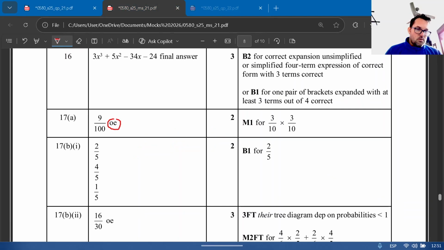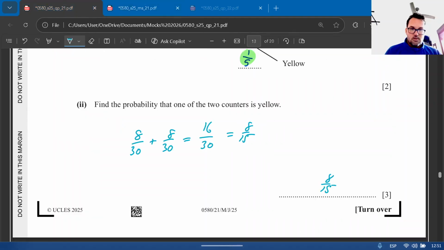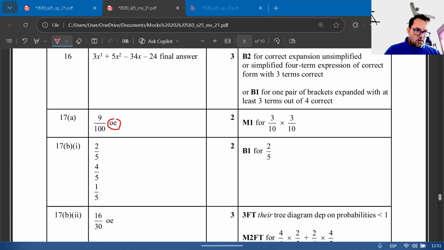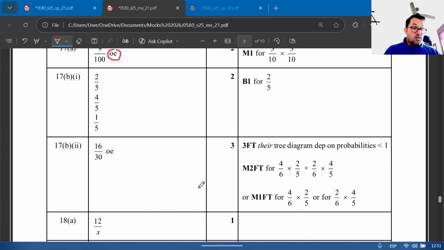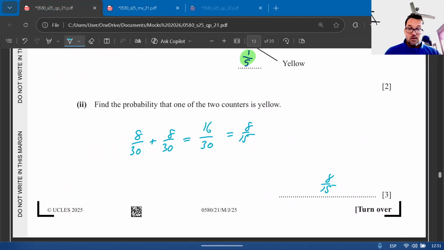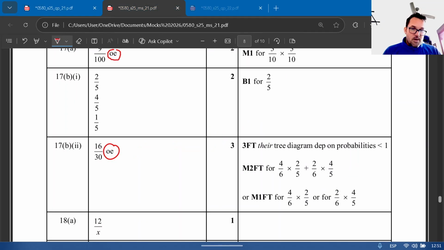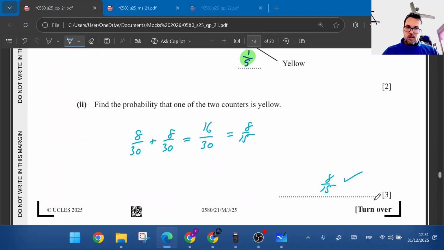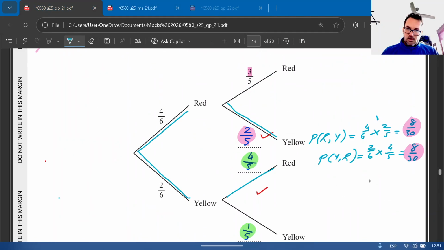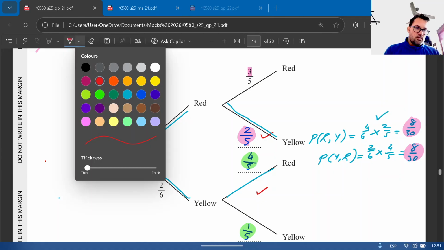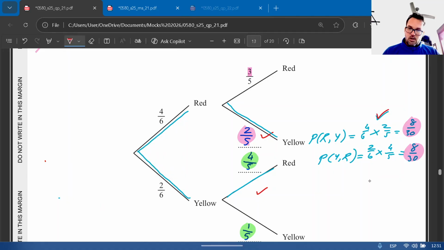But the mark scheme says no. Oh, the mark scheme says 16 over 30 or equivalent. So yeah, my 8 over 15 will be correct, but you could have left it as 16 over 30. Doesn't matter. Basically you get a mark for this, a mark for this and a mark for that.